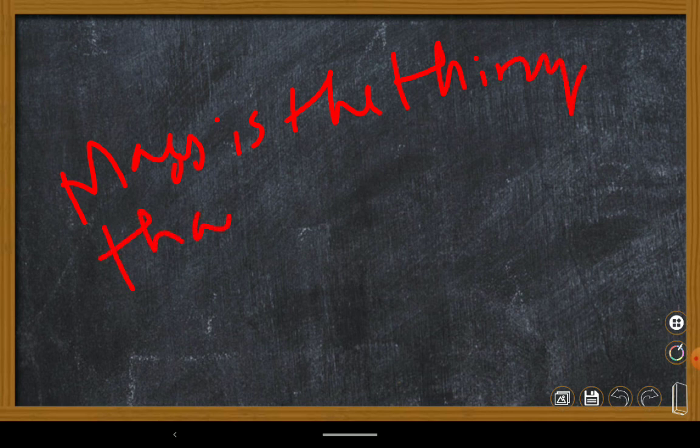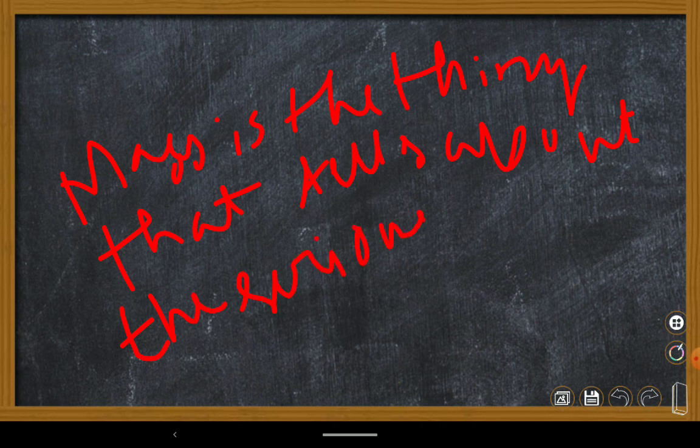So mass is the thing that tells about the seriousness of the inertia, whether the object is at rest or in motion.